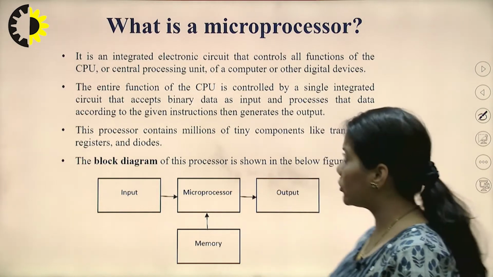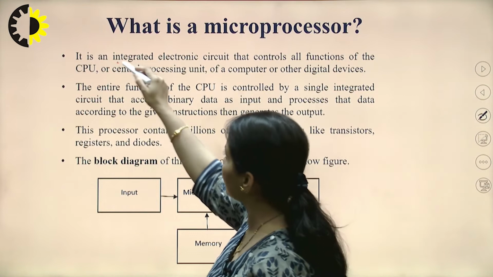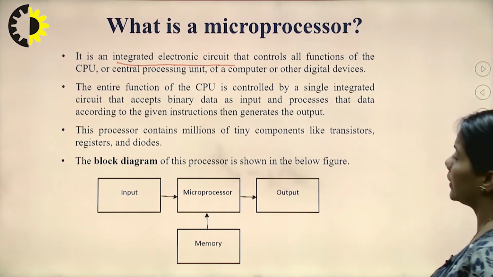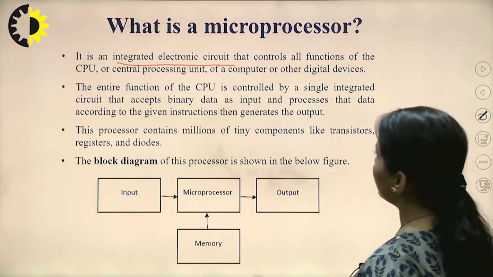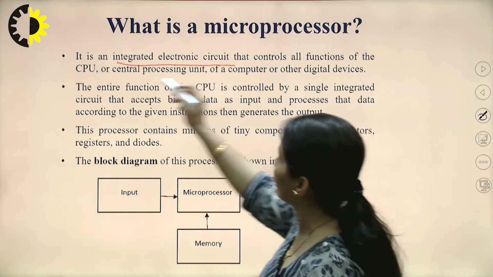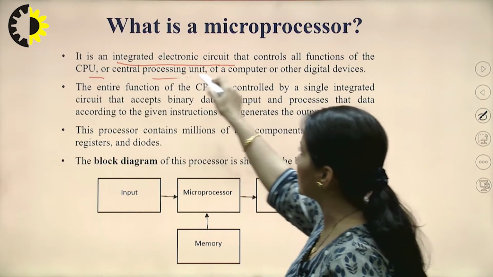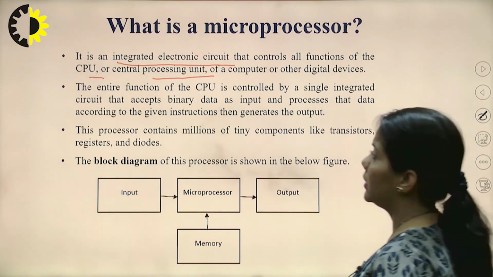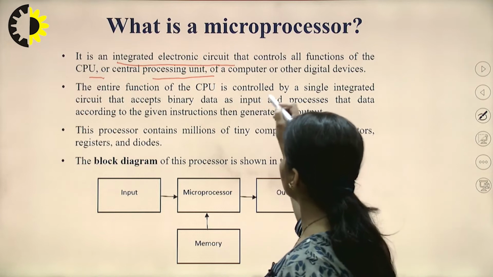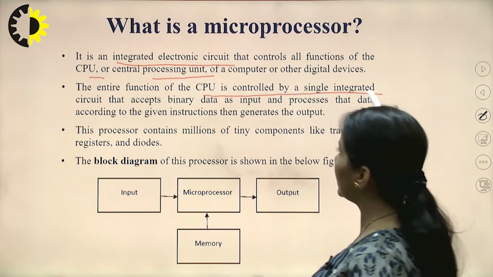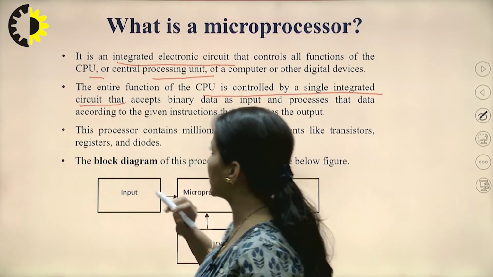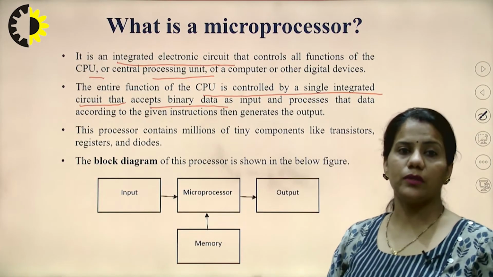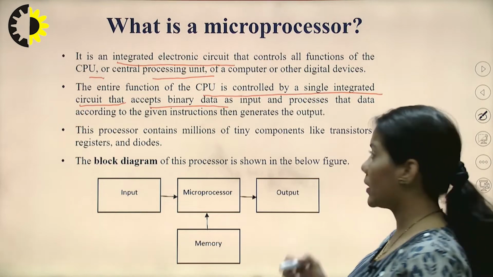It is an electronic circuit, that is, an integrated circuit, that controls all the functions of the CPU or central processing unit of a computer or other digital devices. The entire function of the CPU is controlled by a single integrated circuit that accepts binary data. So binary data will be the input for this device.